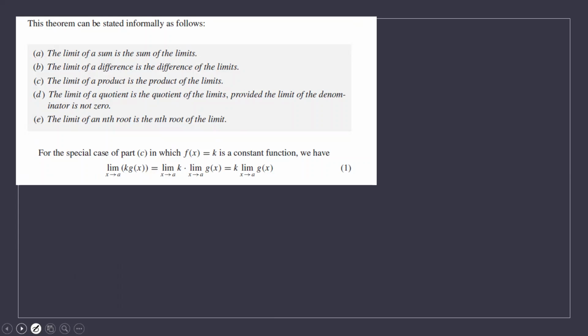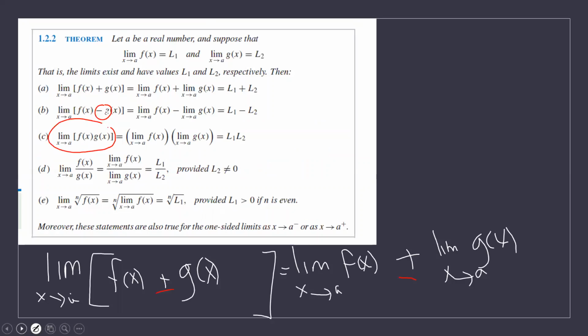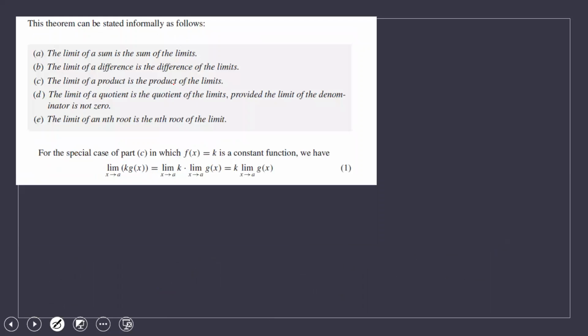The limit of a sum is the sum of the limits. The limit of a difference is the difference of the limits. The limit of a product is the product of the limits. The limit of a quotient is the quotient of the limits, and take care about the zeros of the denominator. And also, the limit of an nth root is the nth root of the limit, as we discussed before.